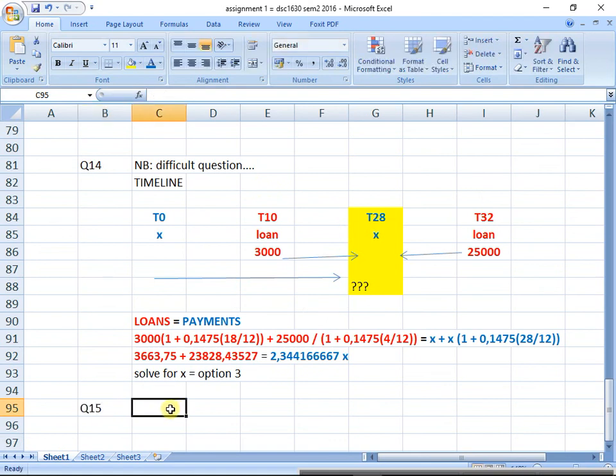Then the last one was an easy question. You had to just identify variables. This one you might even be able to do quickly on your financial calculator. Let's quickly type that in and see what you get.